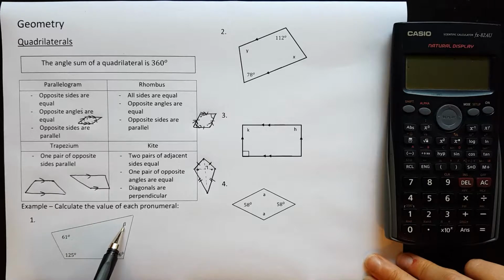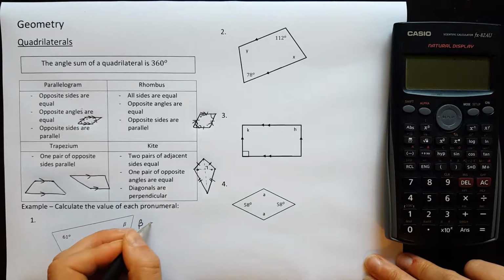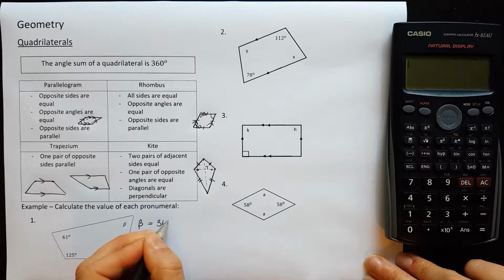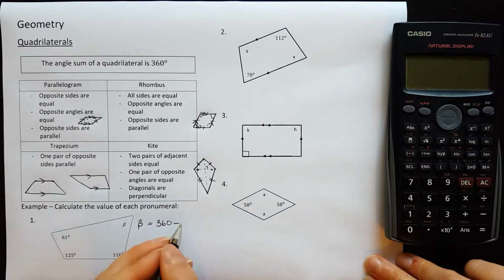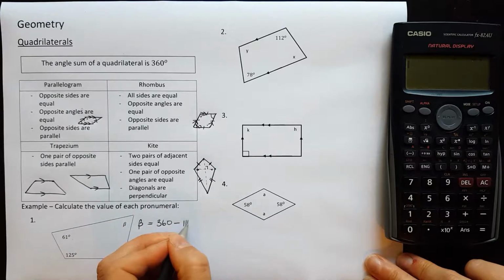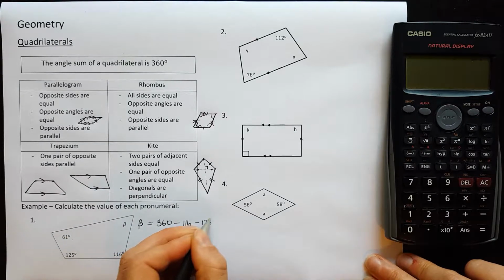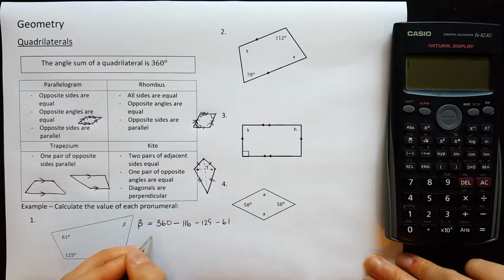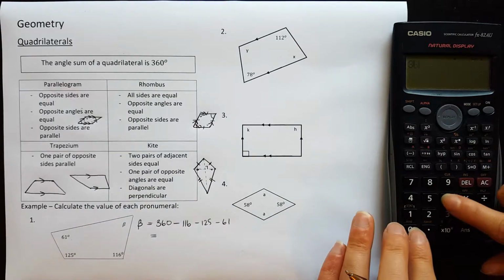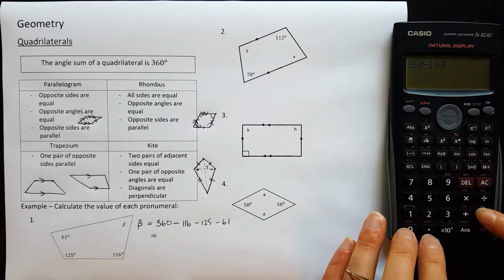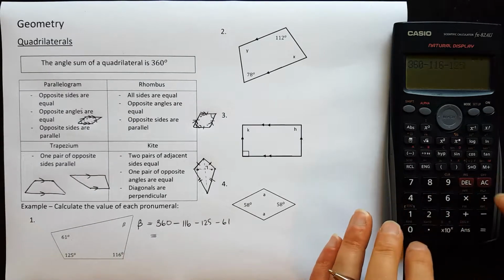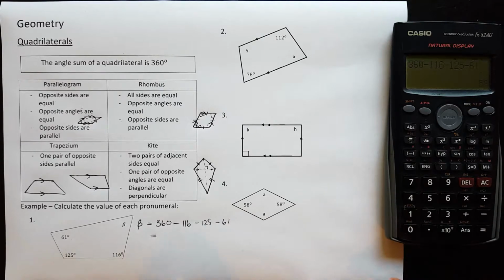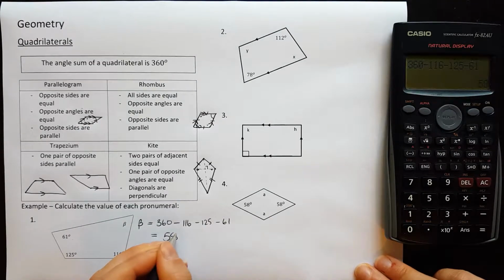To find this symbol here, which is the Greek symbol beta, beta will be equal to 360 degrees, take away all of the other angles: 116, take away 125, take away 61. On the calculator, 360 take away 116, take away 125, take away 61 is equal to 58 degrees.